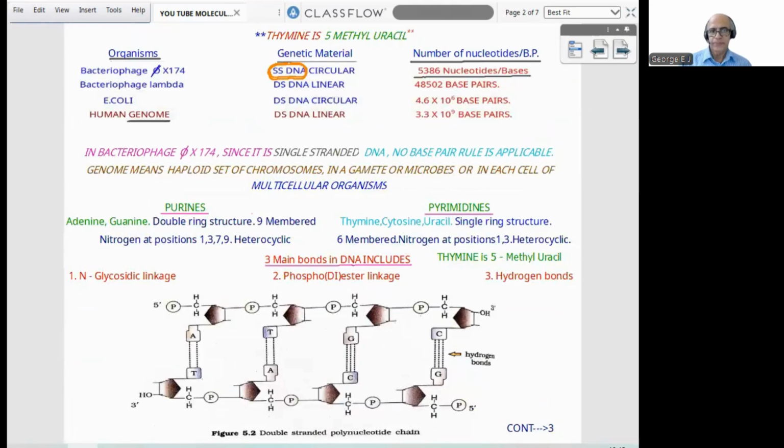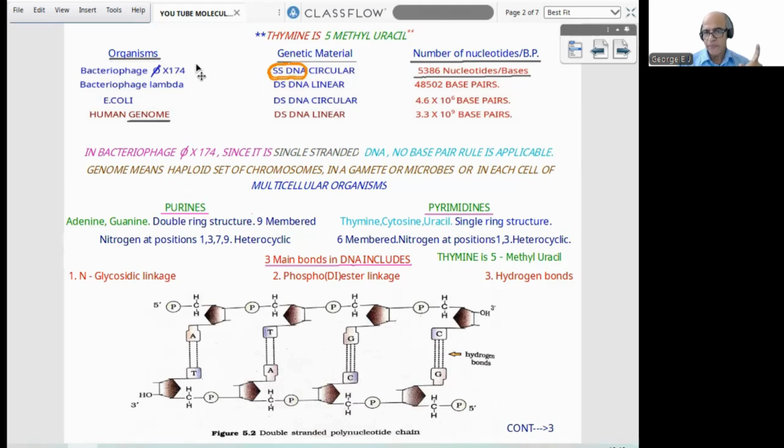Second page. Thymine is a nitrogen base. Thymine is originally 5-methyl uracil. This is a repeated question: thymine is 5-methyl uracil. Now, when NCERT gives some data, it is important, either as match the following, direct, or odd one out. So first item, bacteriophage phi X174, where we can find single-stranded DNA, not so common.